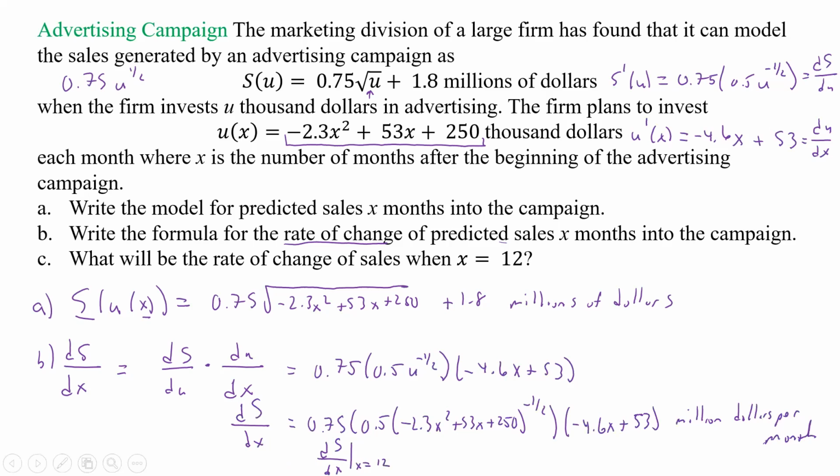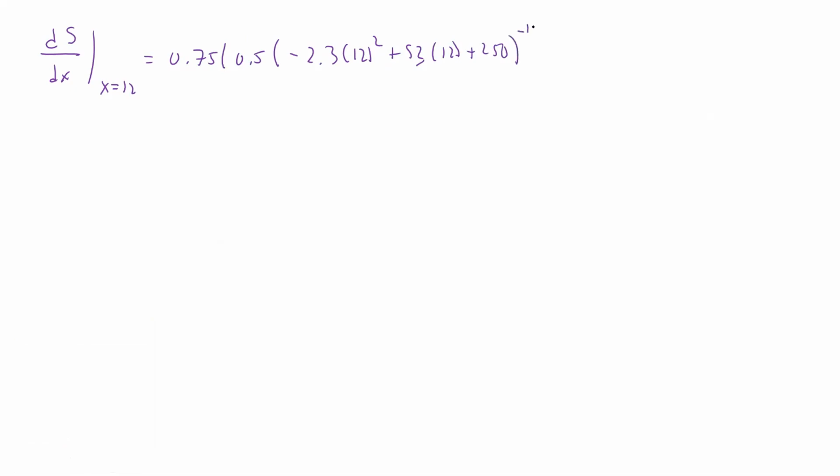Now we're going to plug that in. ds dx when x is equal to 12 is going to be 0.75, not 0.075, times our 0.5, and then times negative 2.3 times 12 squared, plus 53 times 12 plus 250, and then that's all to the negative 1/2.